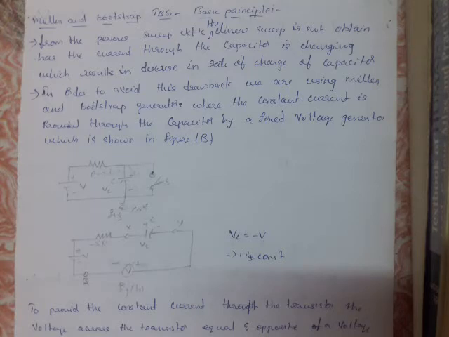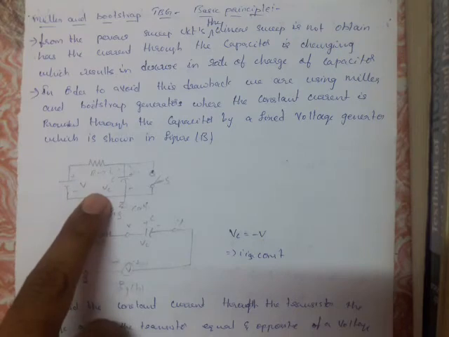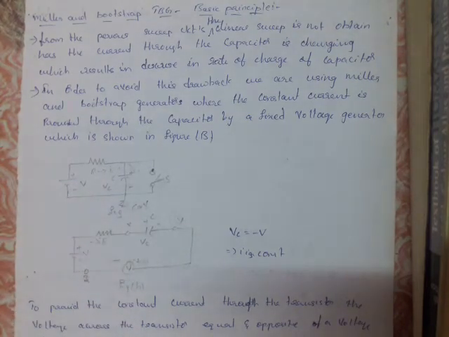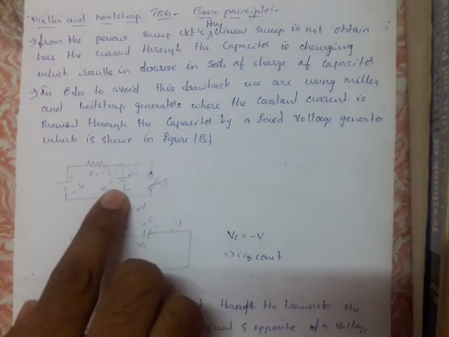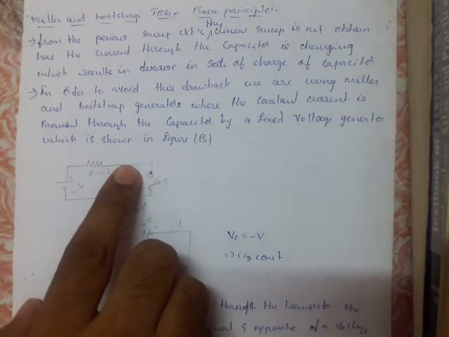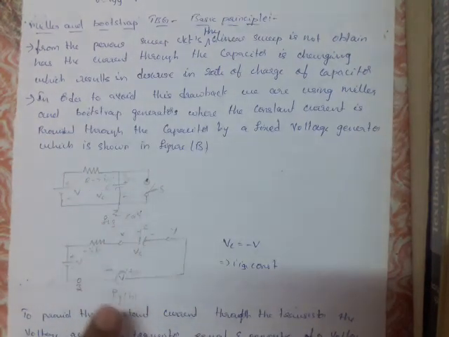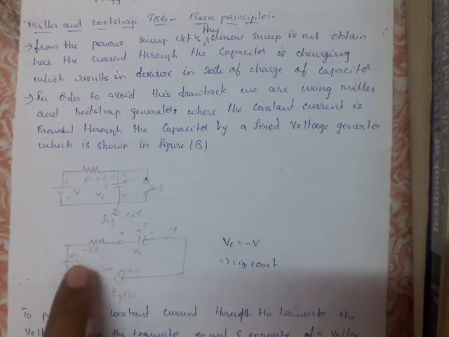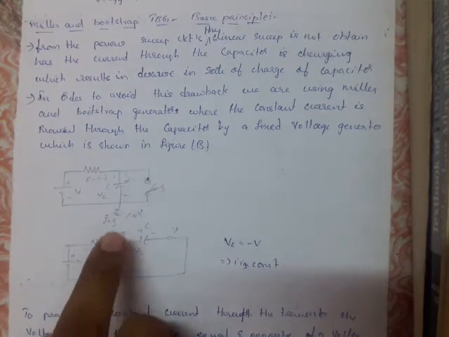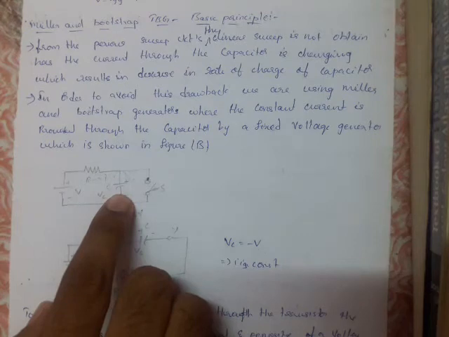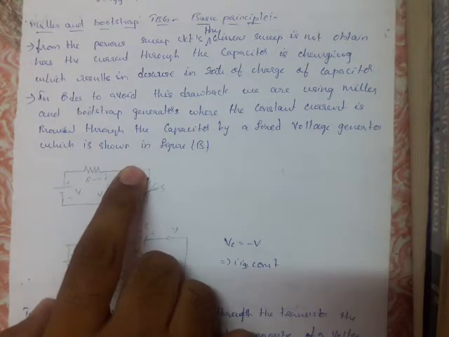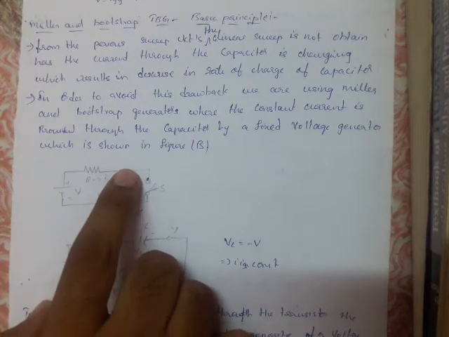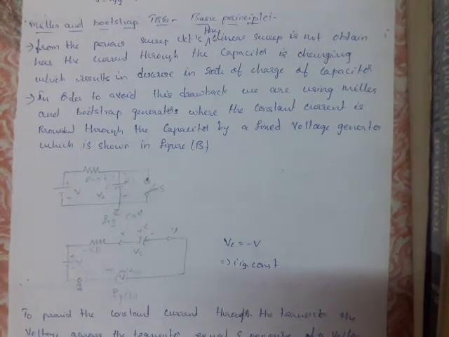After drawing this simple circuit diagram, we again make some changes. What are those changes? The parallel capacitor is converted into a series connection. The same terms are there, but the capacitor's parallel connection is changed into a series connection.